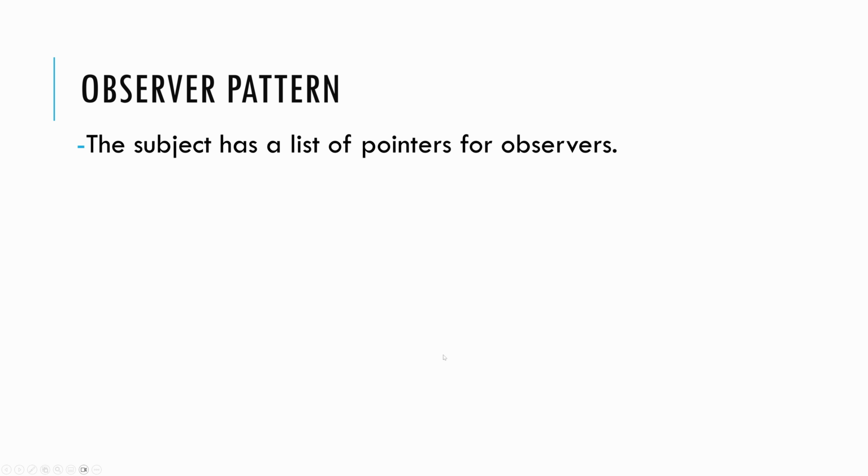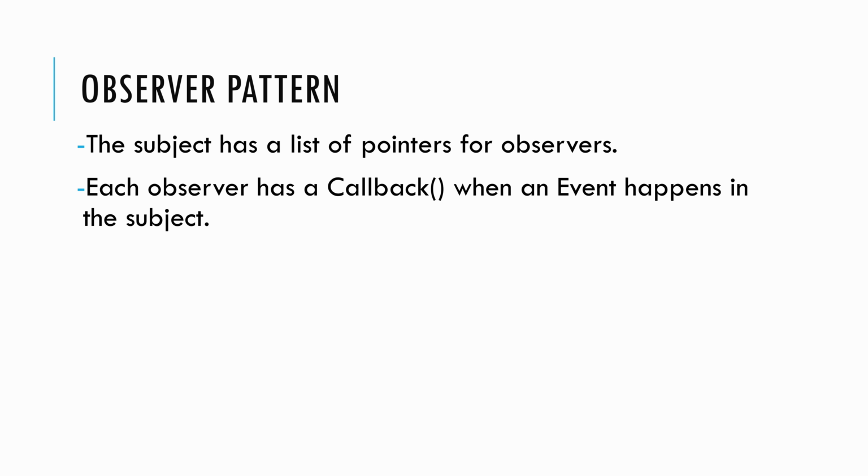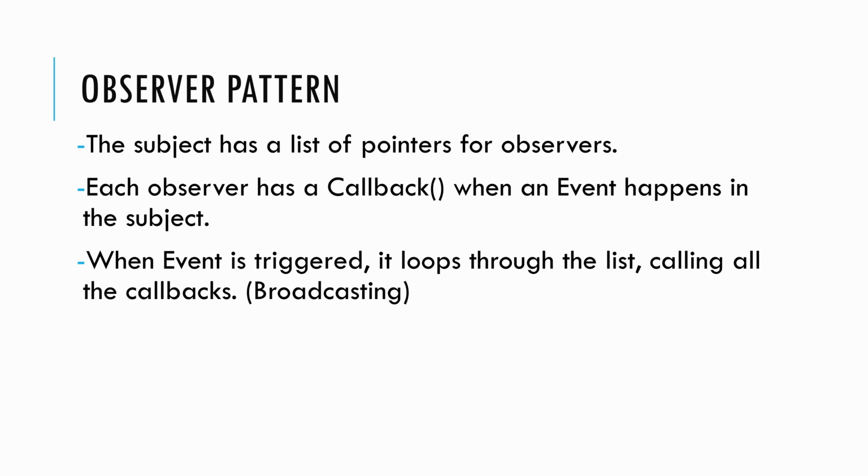So in the observer pattern, the subject has a list of pointers for observers. Your coin system is the subject, while your audio and score managers are the observers. Each observer gets a callback for when an event happens, specifically like picked up coin. When the event is triggered, the subject will loop through the list calling all of the callbacks.